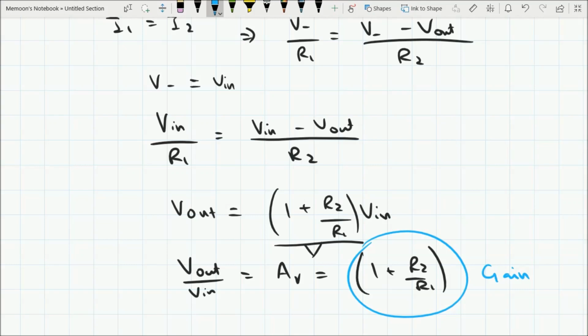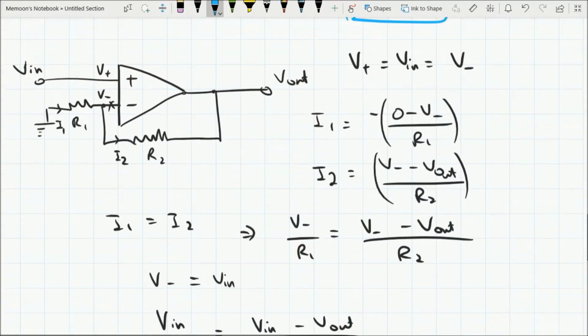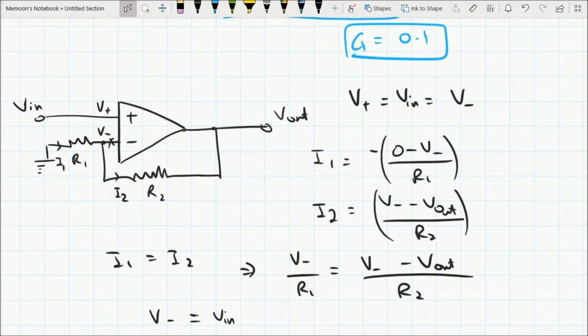The second advantage is, we can see here that this input V in is directly connected to the positive terminal, to the input of the operational amplifier. What does this mean? The input impedance of this operational amplifier is infinity.